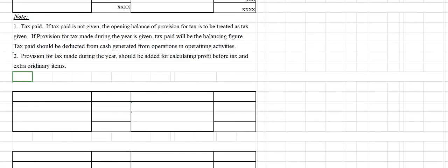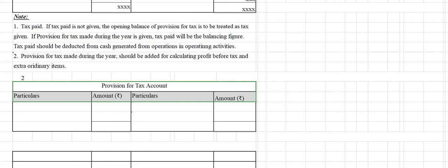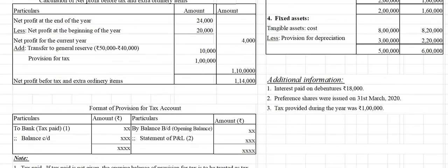Now let us see the account as per the given question. So we can write working note 2, provision for tax account. So this is the format. See, what is the first item?